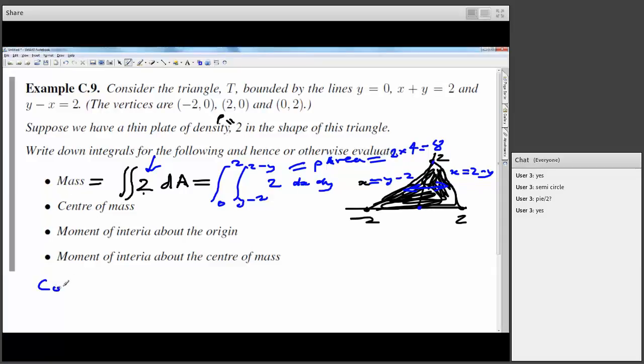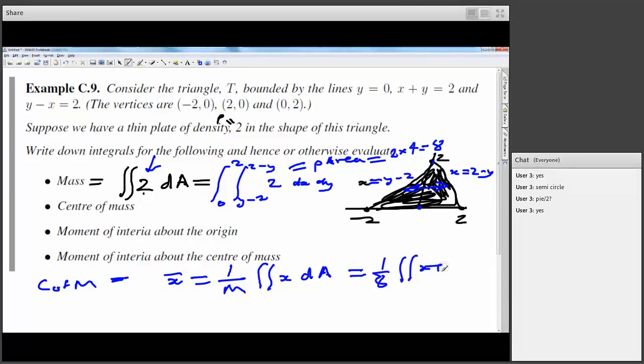So for the center of mass, there are 2 coordinates, an x and a y. So let's just do the x center of mass. This would be 1 over the mass, which we know is 8, times the double integral of x dA.